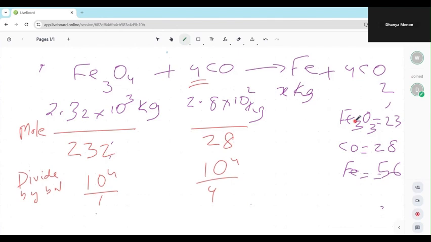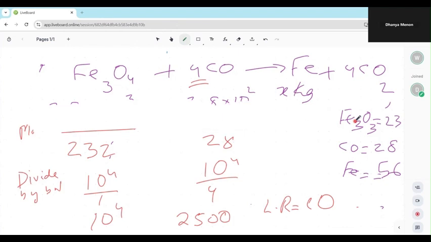So this comes to be the same, 10 raised to 4. And this one is 2500. So what is our limiting reagent? Our limiting reagent is carbon monoxide. So first part of the sum is over. Limiting reagent we got. Now I'm keeping the limiting reagent as it is.